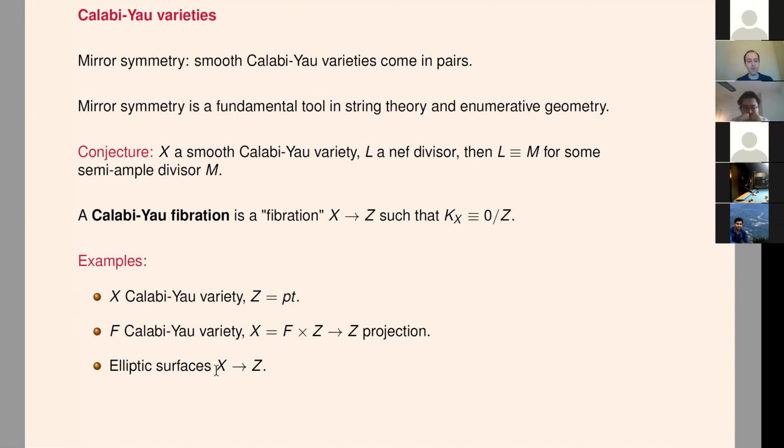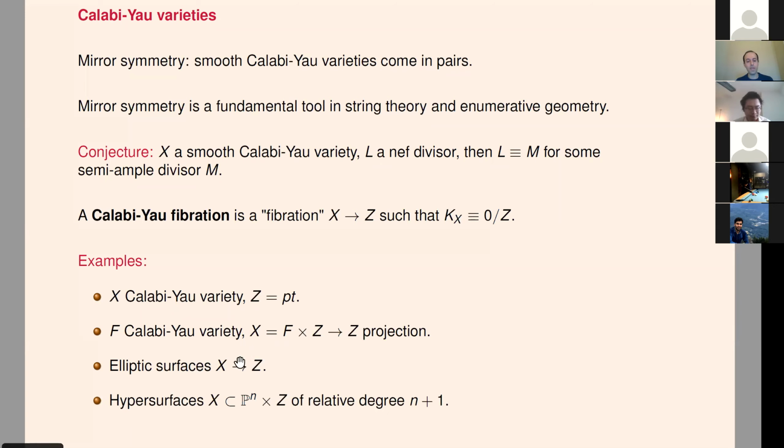So in the case of surfaces, it means that you have a surface, for example a smooth surface, that has a morphism to a curve, and almost all the fibers are elliptic curves. Some of the fibers may be singular, but except finitely many fibers, all the fibers are elliptic curves. These are called elliptic surfaces. So this is an example of a Calabi-Yau fibration.